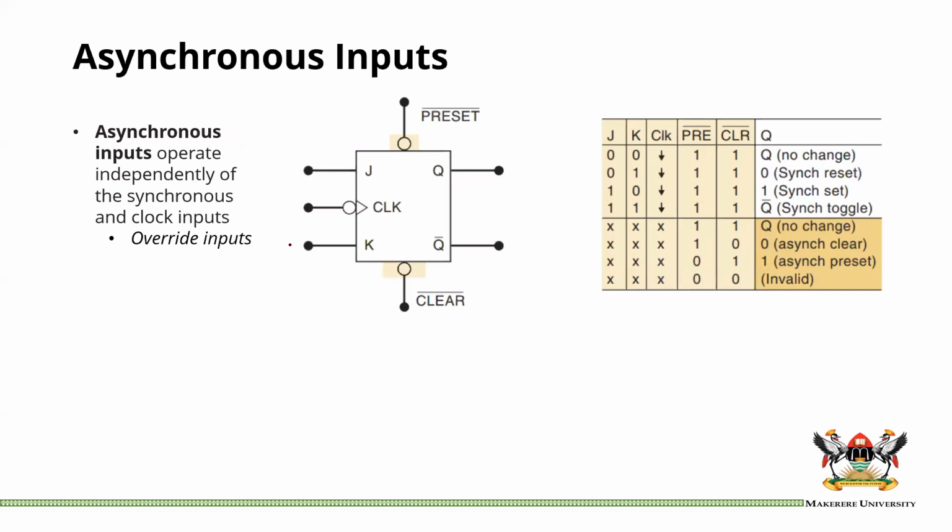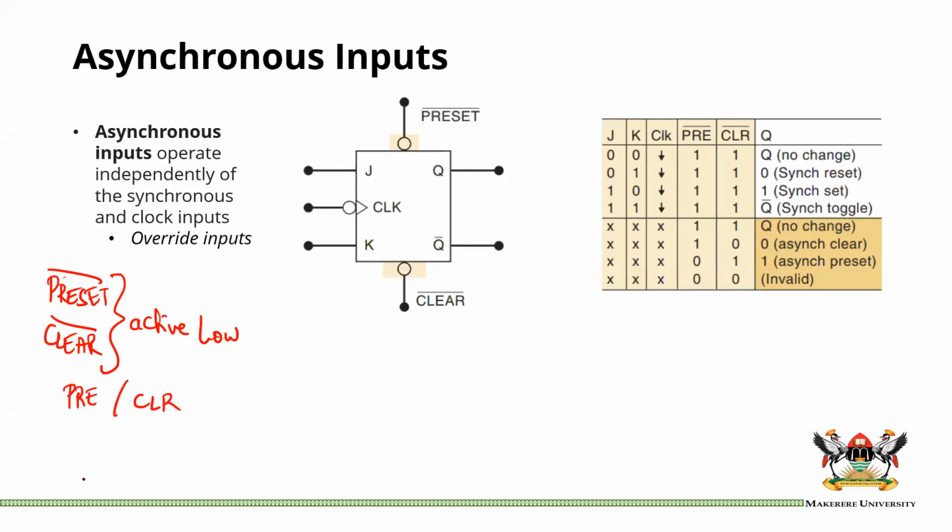So in terms of flip-flops, our override inputs are the preset and the clear or the reset. Now they can be active high, but they are usually active low, and that's why we usually have the bar notation. They can also be written as PRE and CLR, preset and clear, which should be very easy for you to remember.